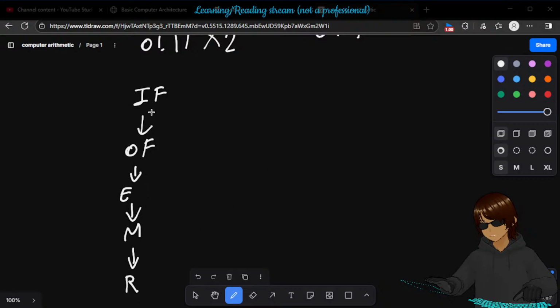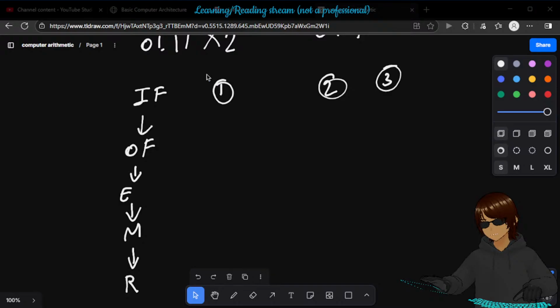Now, let's say the first instruction, instruction 1, is being executed. Instruction 2 and 3 are the next instructions to be executed. So we start with instruction 1. It's in the instruction fetch stage. But then in the next clock cycle, it will move on to the operand fetch stage.